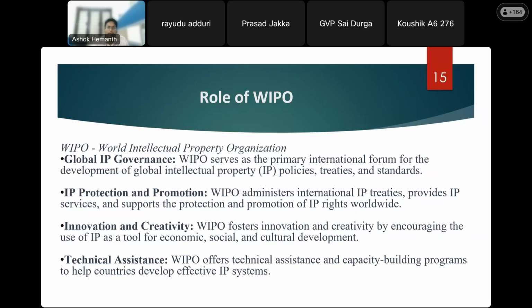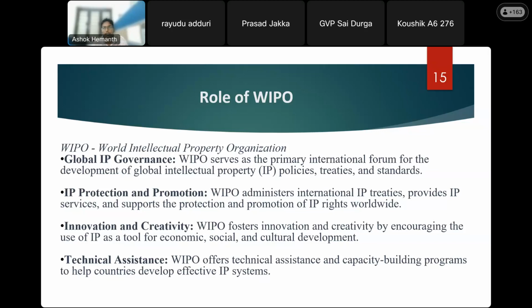It also administers the international protocols, whatever treaties or protocols we, meaning India, are part of. Those treaties are administered by the World Intellectual Property Organization. All these activities are done by it.